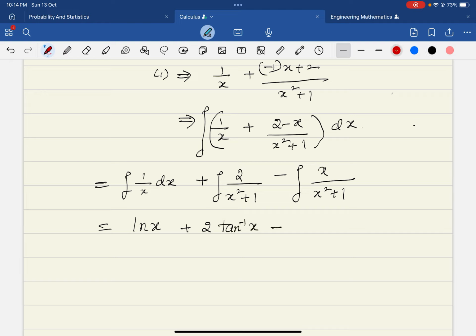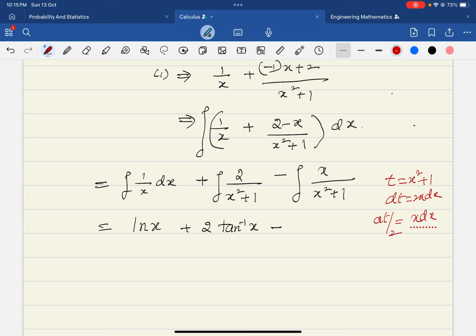And then what is this here? What you have to do is take the substitution t equal to x square plus 1. So dt is equal to 2x dx, so x dx becomes dt by 2.